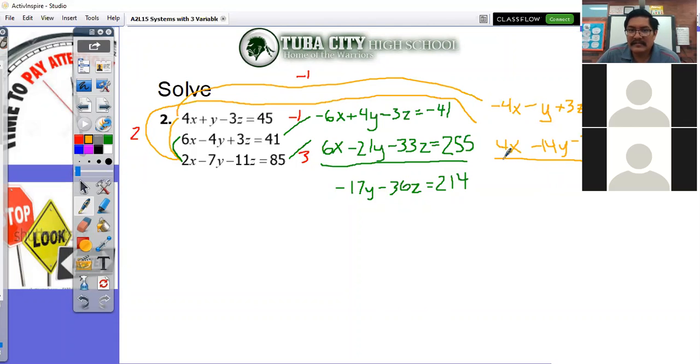All right, so this cancels out, which is good because we got to cancel x out on both of these, right? Because if we canceled out x on this one and y on this one, that's not going to do us any good. We have to make sure we cancel the same variables. So on both of them, they have to cancel x. Or any of the other ones you choose. So -15y. And let's see, -19z.